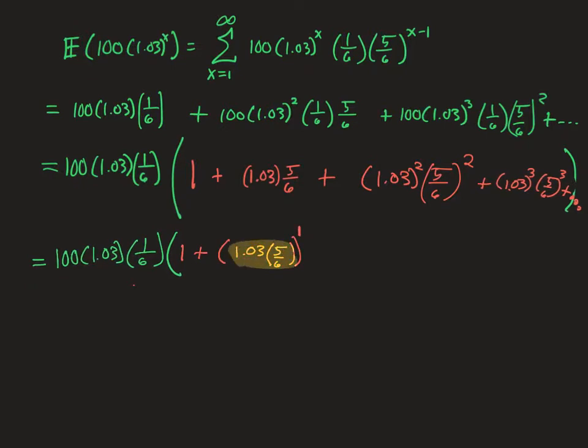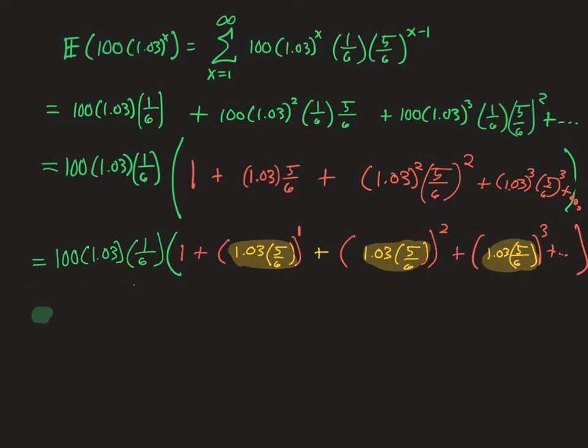So we're going to treat this thing as the piece that we keep raising to successively higher powers. Okay? So we'll have plus 1.03 times 5/6 squared plus 1.03 times 5/6 cubed plus dot dot dot. And again, it's these pieces that keep getting raised to successively higher powers.